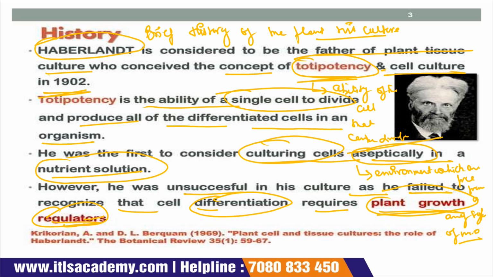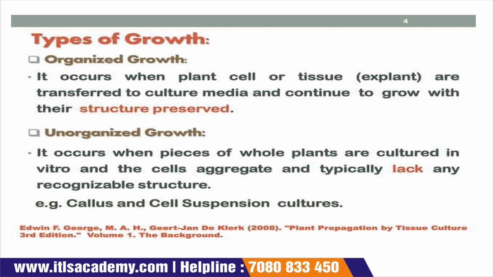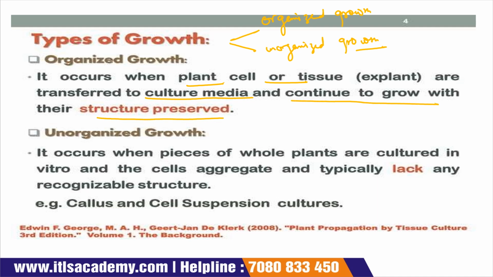Now the next is the types of growth: organized growth and unorganized growth. There are two types of growth. One is organized growth and another is unorganized growth. Organized growth can occur when a plant cell or tissue is transferred to a culture media and continues to grow with its structure preserved.